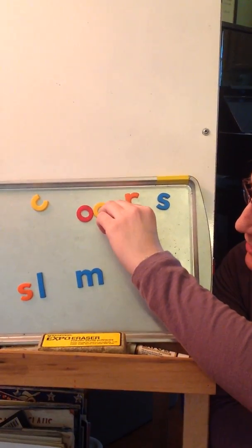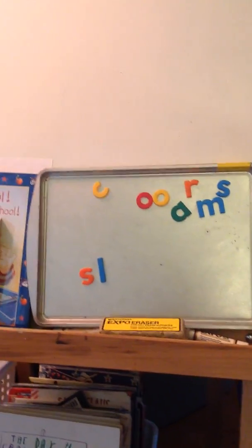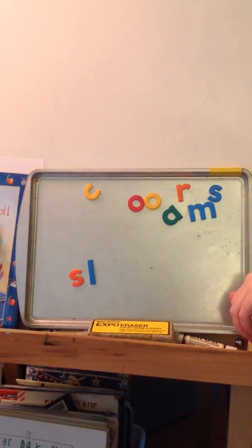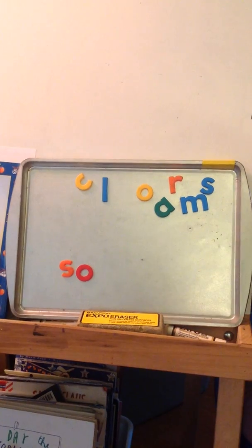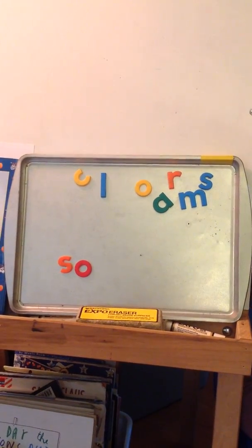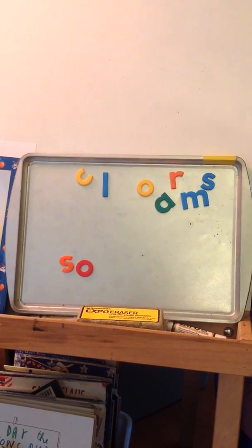Okay, next I'm going to take away the M and the A and the L, and I'm going to make the word so. If you don't have the word so, add the word so to your list.